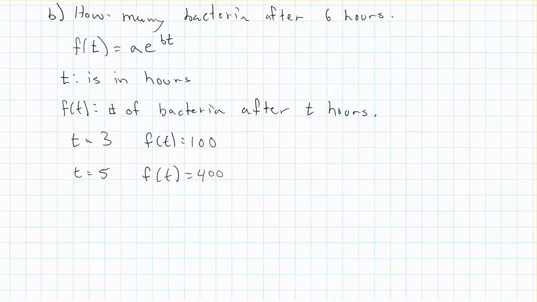So we've got here 100 is equal to a e to the, oops, let's plug in the right number. t is 3. So 3b. And then we also have 400 is equal to a e to the 5b. Now, we have 2 equations and 2 unknowns, so there should be a way to solve them.